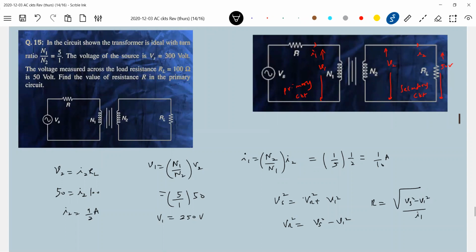Is it okay? No, I think there will be self-inductance here, in this coil. We are not considering the mutual inductance; neglect mutual inductance, you can say that. The self-inductance is here, and due to mutual inductance this will be coupled.